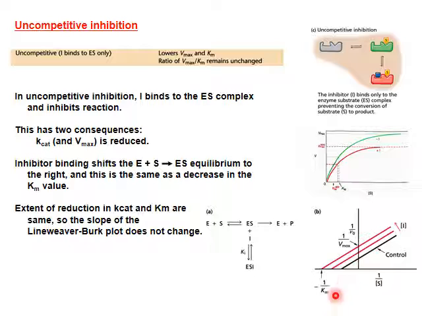The Km here is also affected a little bit as well, as you can see, because it looks at, in terms of substrate, in terms of it being able to be recognized by the enzyme, and we're depleting ES. It's going to make it try to reestablish the ES concentration, and so you'll have more S binding to E, and so it'll make it look like the Km value has also changed.